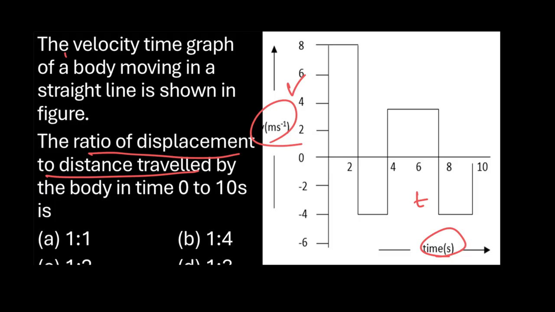And the most important tool used to verify and validate laws of physics is experimentation, the observations which are tabulated and then analyzed using a graph, right? And therefore this graph becomes really important because if you know how to find the ratio of displacement and distance traveled from a VT graph, it simply means that you know the concept. So that's what JEE Mains is trying to figure out here.